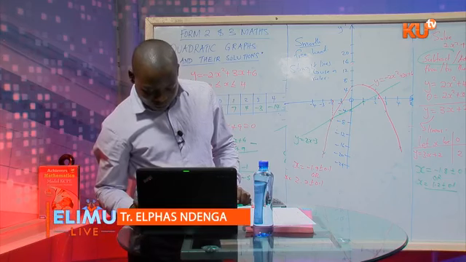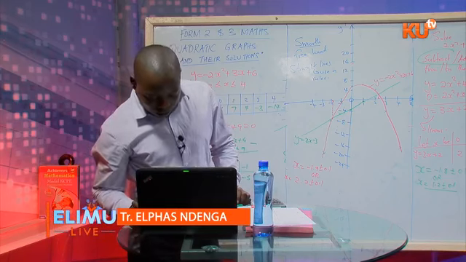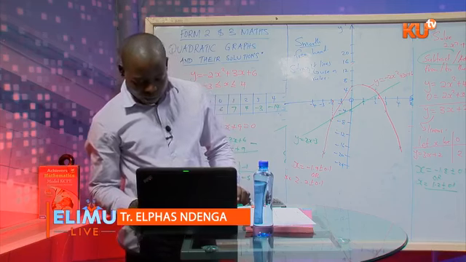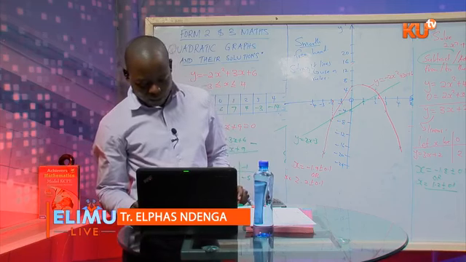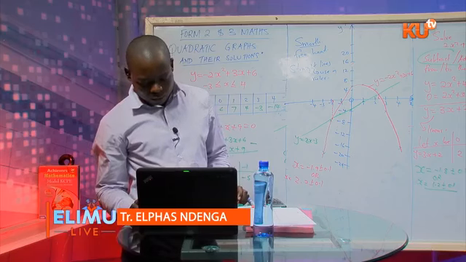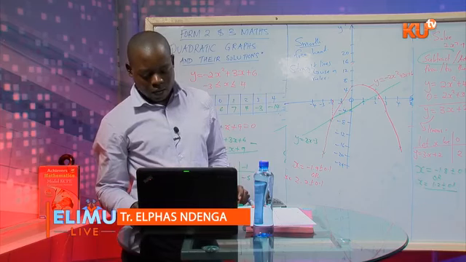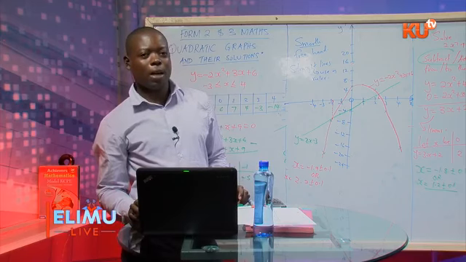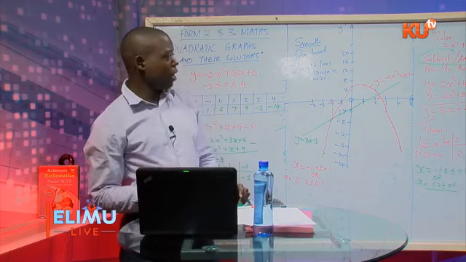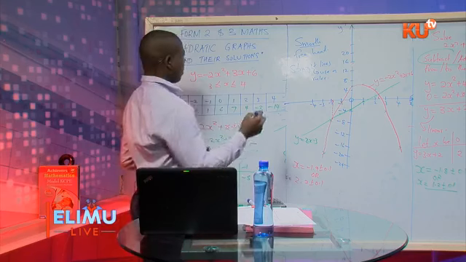Okay, we'll consider that. What if on the same graph you are told to estimate the area bounded by the curve using the mid-ordinate rule? Then that takes us to Form 4, Topic 9, called area approximation. And you have to know what the mid-ordinate rule is. You'll have to identify the values of y at each of the ordinates.